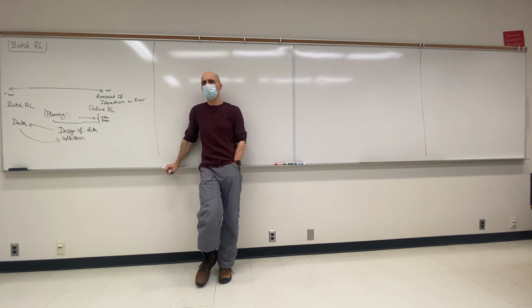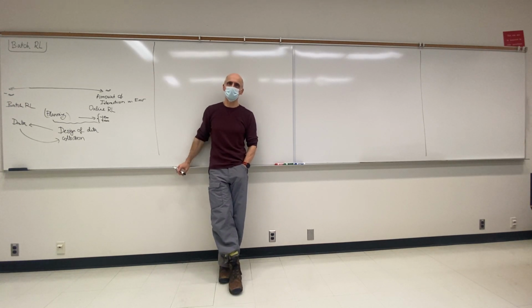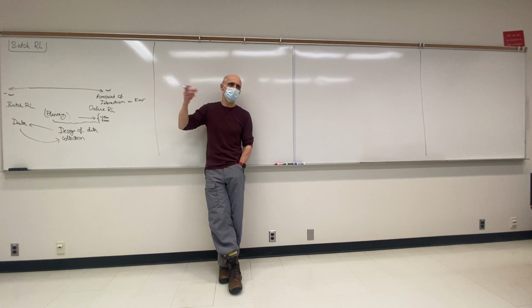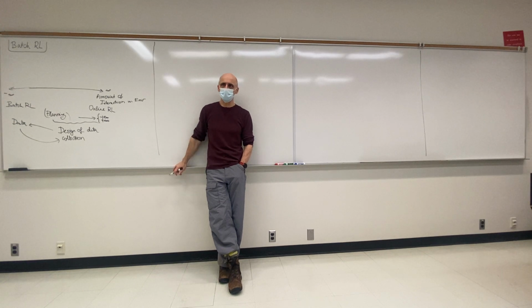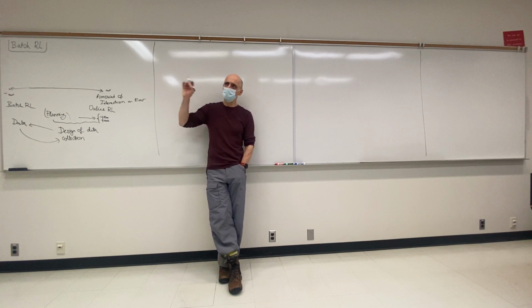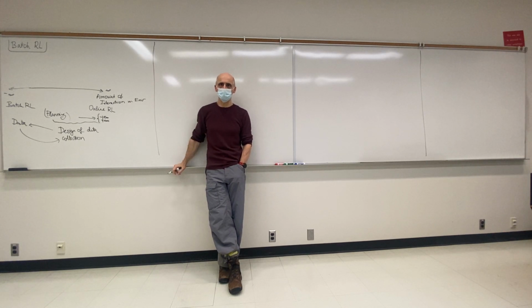Let's say you have a Reddit problem. I do have an example like this in the lecture notes. You have arms, and there are Bernoulli outcomes associated with each of the arms. But there is an underlying Bernoulli outcome which is really controlling what the outcomes for the arms are going to be. So it's correlated to that.